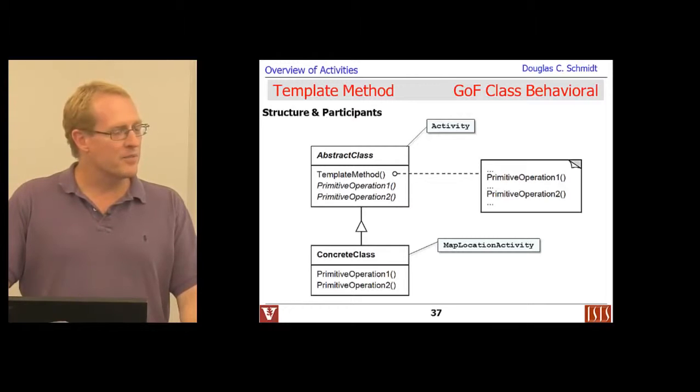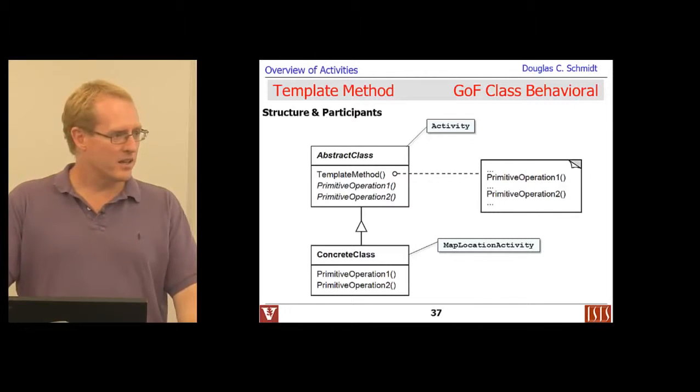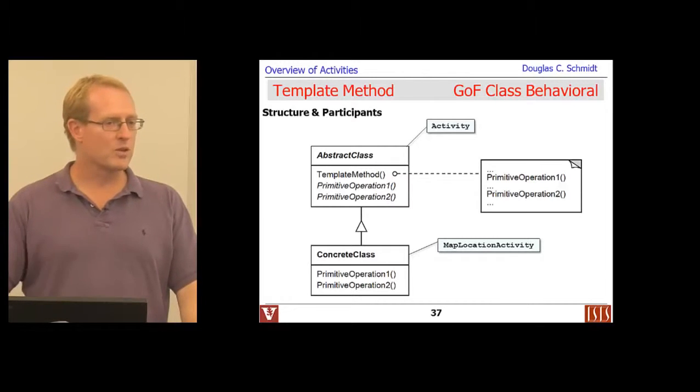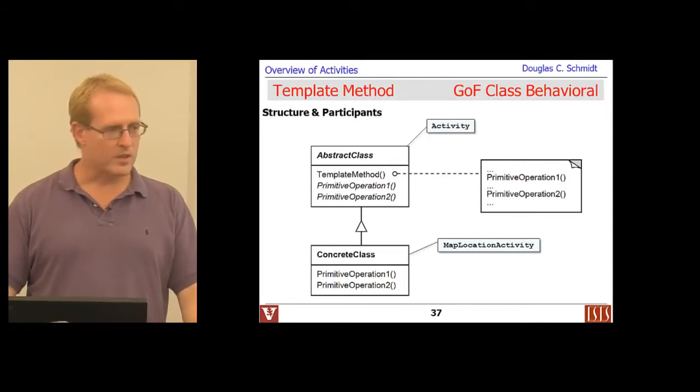And then you fill in one or more, or typically at least one, of the methods that are part of the activity base class that need to be overridden in order for the activity to do something useful, to create itself, or pause itself, or destroy itself, etc.